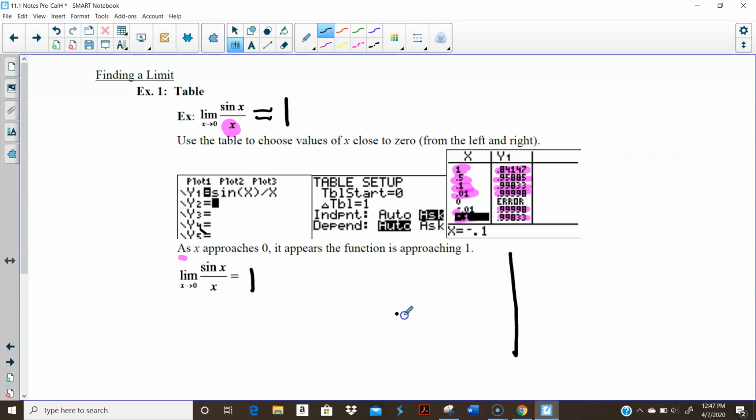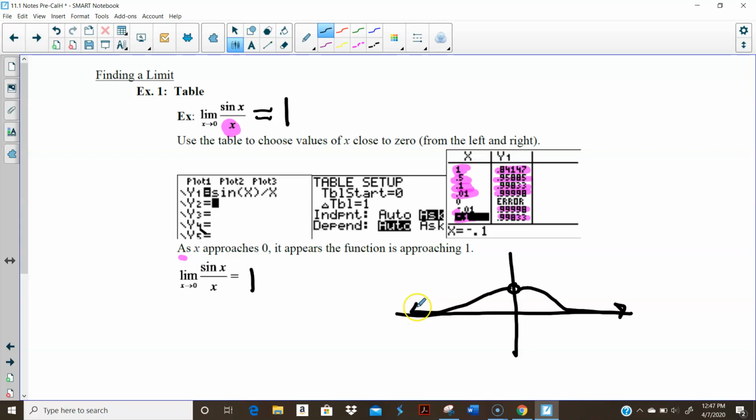If you go ahead and hit graph, and you graph that function, you're going to see something that looks like this. Now when it hits 0, there would be an open circle, and then something like this on the other side. It's not super symmetric, but I think you get my idea.